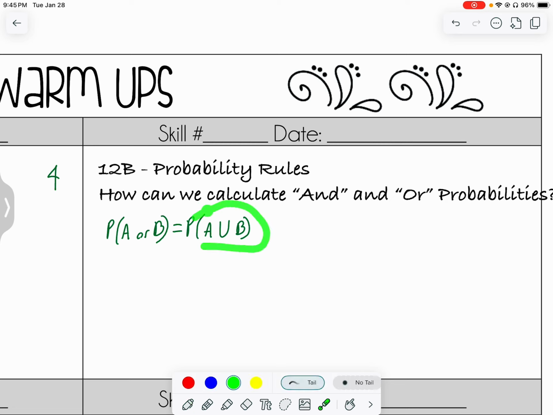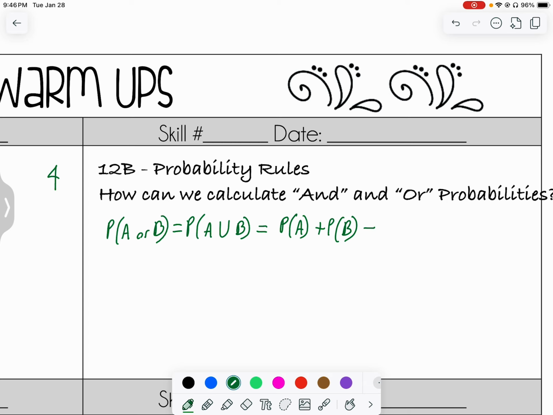I like this one more because I like teaching statistics, and in future statistics classes or probability classes, you'll be using the cup symbol. It's especially prevalent in college and beyond. So the probability of event A or B is equal to the probability of event A, number of favorable events A, divided by the total, plus the probability of event B. But as we've seen before, we could double count.